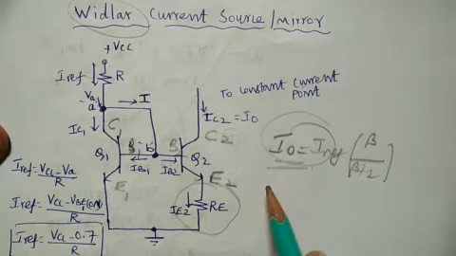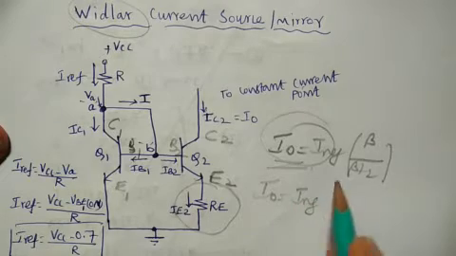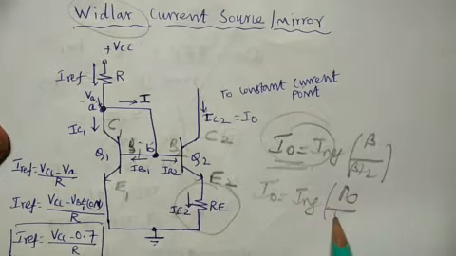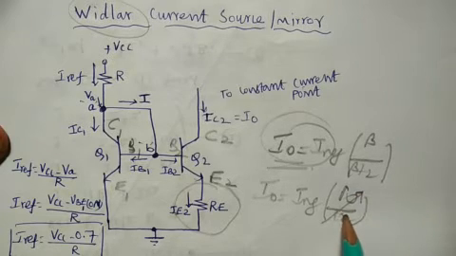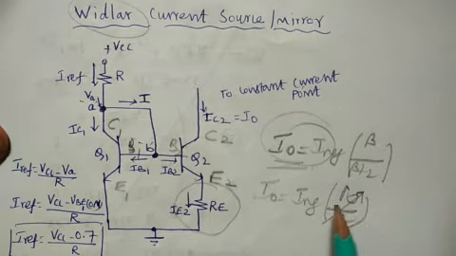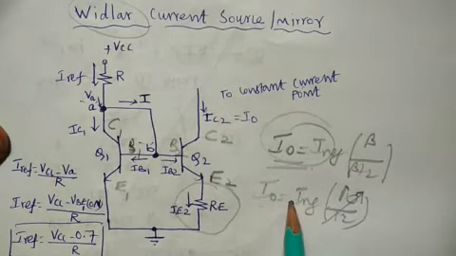For a lower value of beta, if we choose beta equals 10, you'll be having 10 divided by 12. So this ratio will not be equal to 1. So this makes I out not exactly equal to I reference.